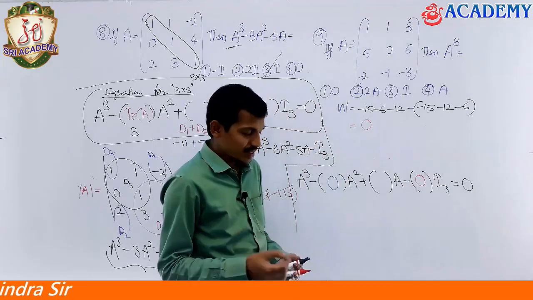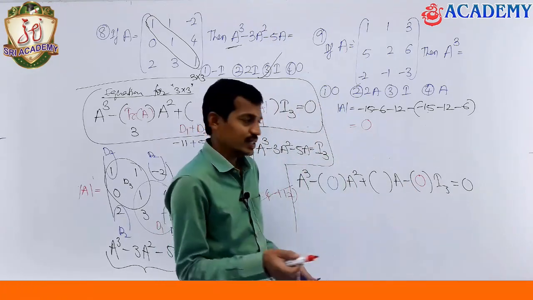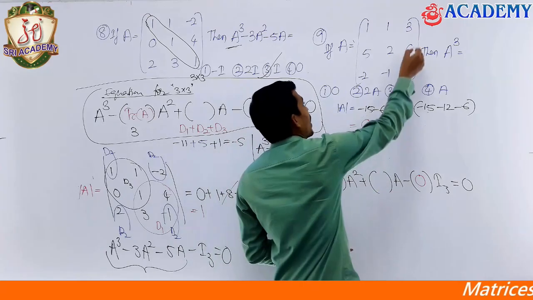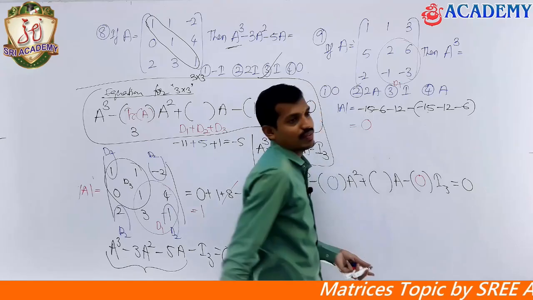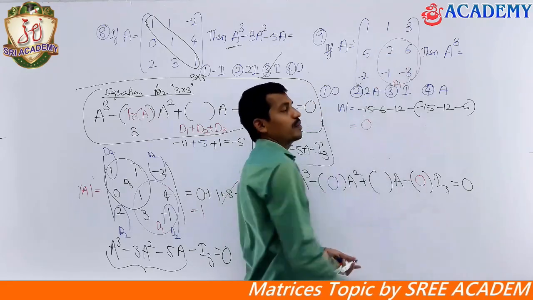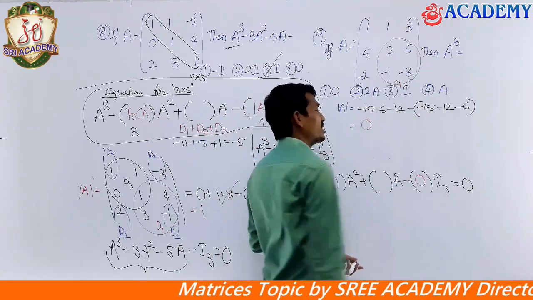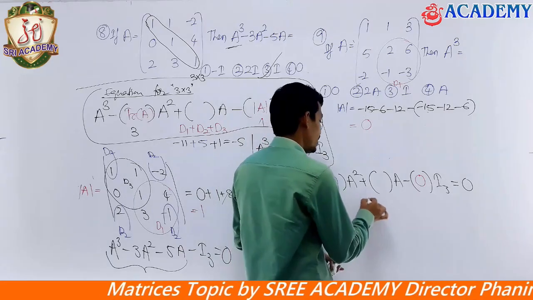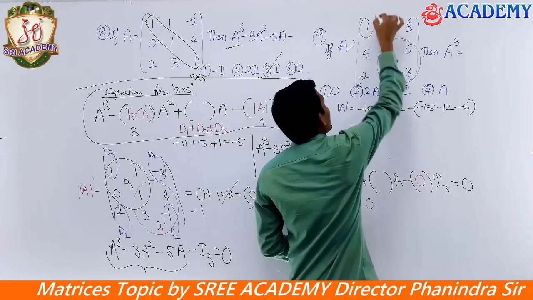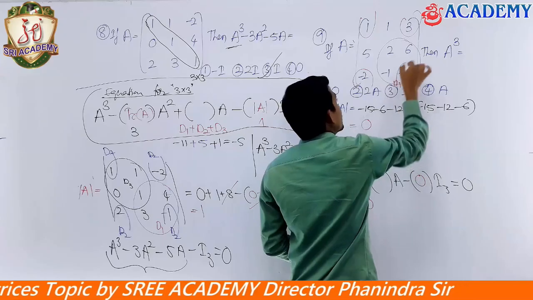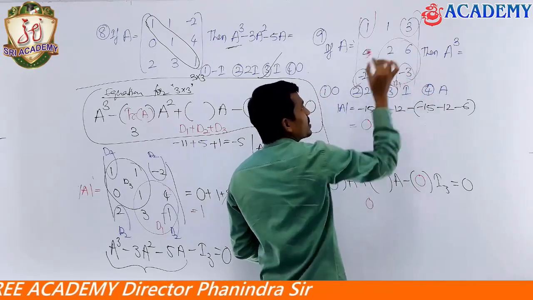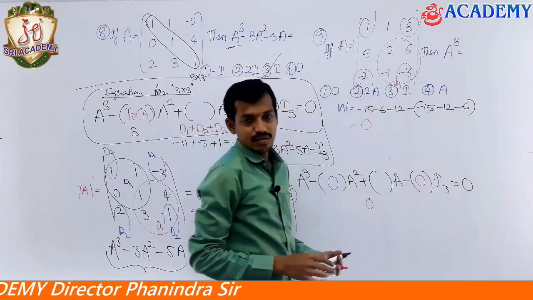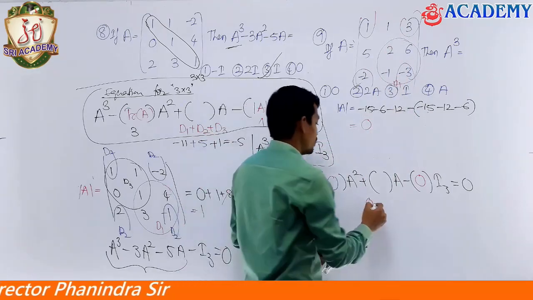Next, the 3 matrices' determinants, what are they? First D1. After eliminating the first row and first column, that is D1. D1 is nothing but minus of minus 6 plus 6, so D1 is 0. Next, eliminate the second row and second column, so that is minus 3 plus 6, is nothing but plus 3.